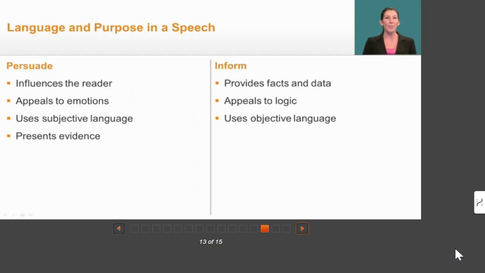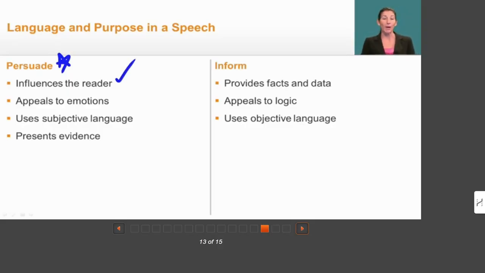Now we're going to talk about the connection between language and purpose in speech. We're going to look specifically at the difference between persuasive and informative speeches. So let's begin with speeches that are meant to persuade. Persuasive speeches influence a reader.